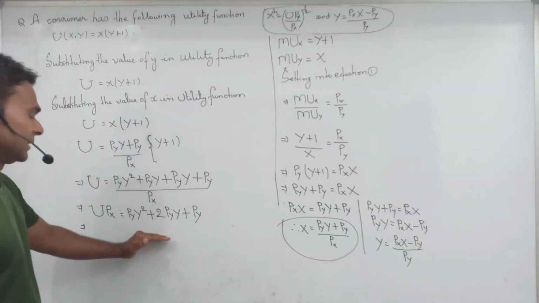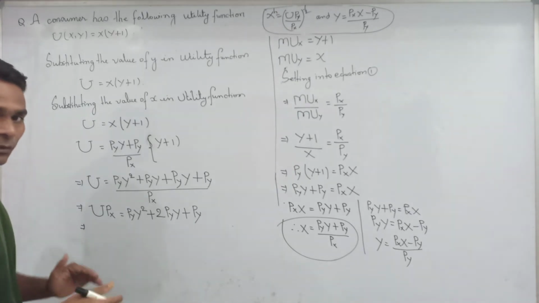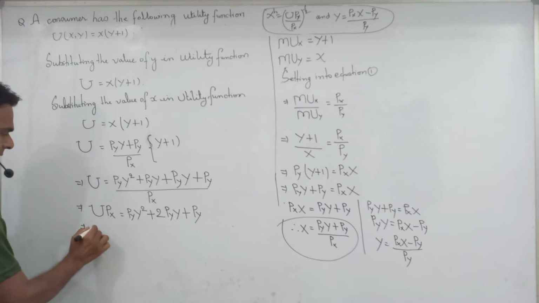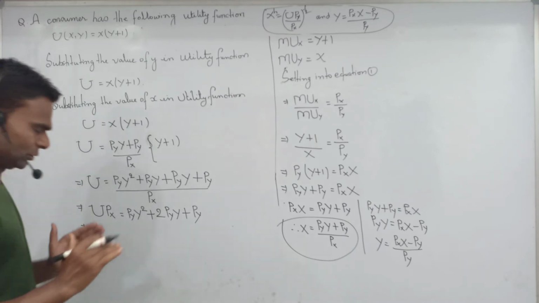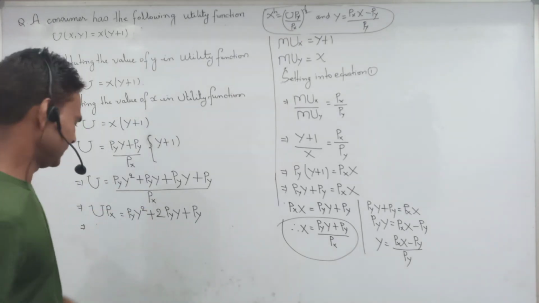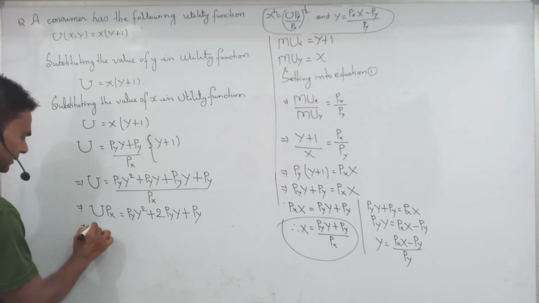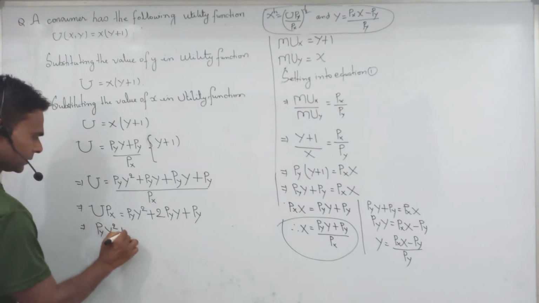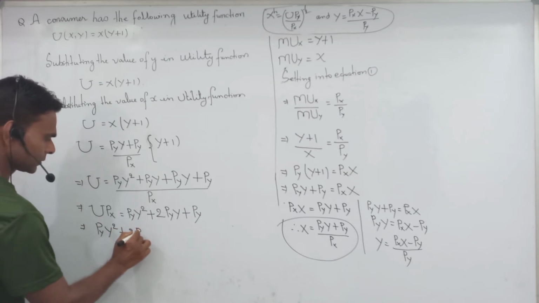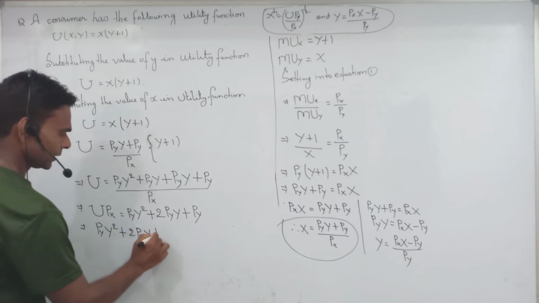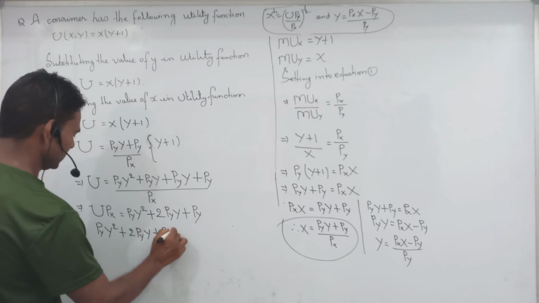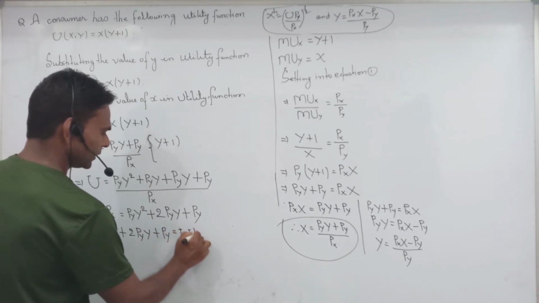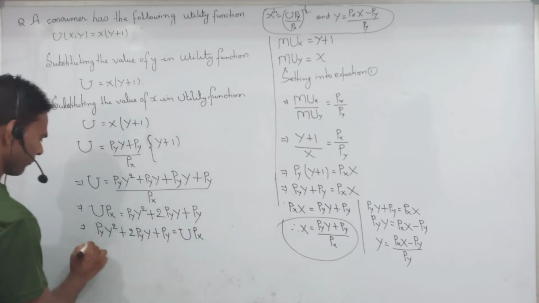The term in RHS side, we are going to write in LHS side without losing any kinds of significance in this equation. Price of y square plus 2 times price of y times y plus price of y equal to u times price of x.